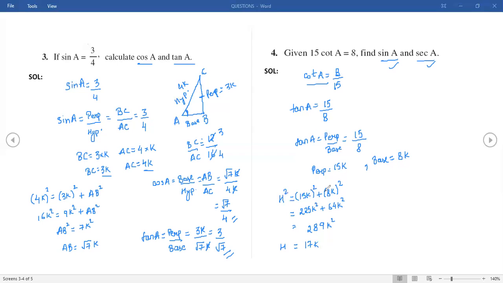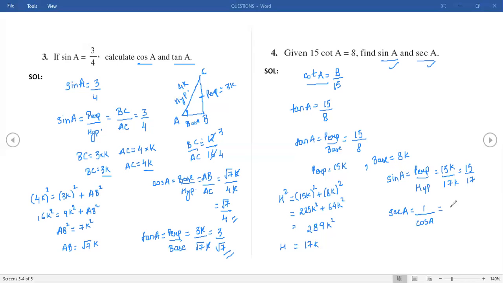Now you know all of these: hypotenuse, perpendicular, and base. Sine A you can easily find as perpendicular by hypotenuse. Perpendicular we already know, that is 15K, and hypotenuse is 17K. So the answer is 15 by 17. And sec, you should know, is the reciprocal of cos.